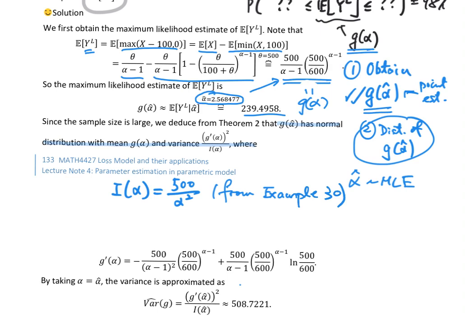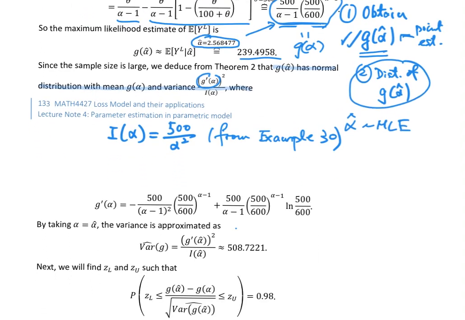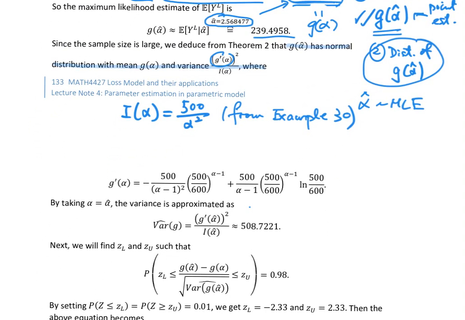The next step will be your first derivative of G, which is G prime alpha. Given that your G alpha is equal to this fancy expression, you just differentiate it one time and use the product rule, and then you will get the first derivative.